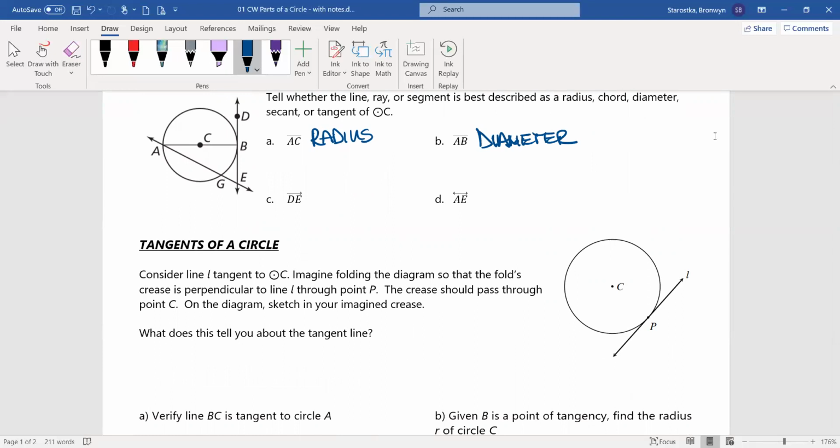Notice the notation on DE, where it's a ray. Well, it can be a segment, it could be a line, or it could be a ray, but DE is the tangent, and B is the point of tangency.